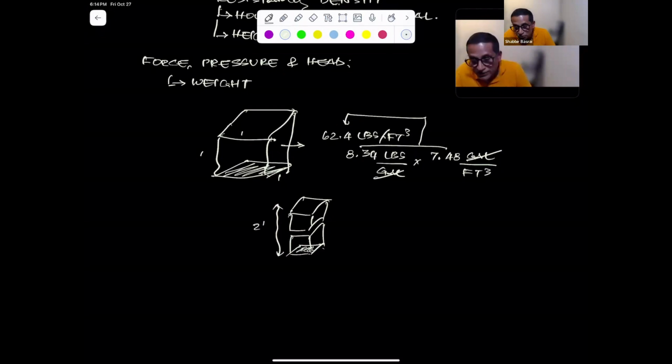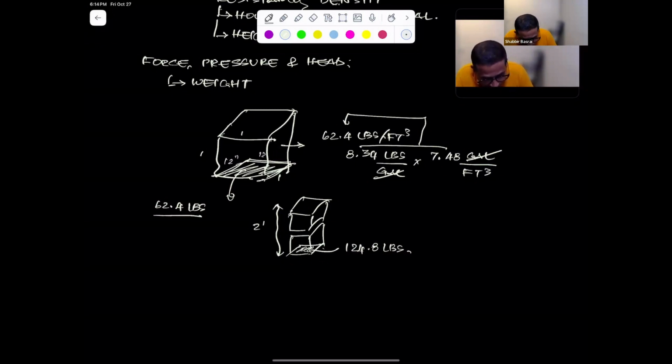Therefore, the force acting at the bottom is going to be 62.4 plus 62.4, so 124.8 pounds. So coming back here, this 62.4 pounds is felt by the surface over an area of 12 inches by 12 inches because it's 1 foot.